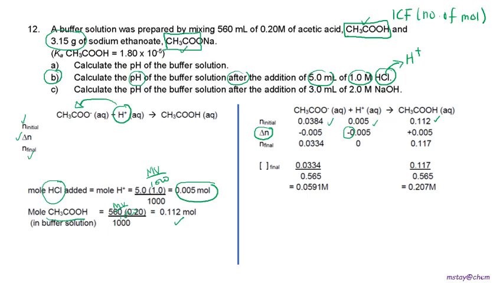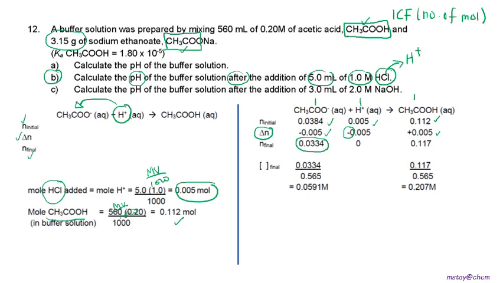Due to the ratio of 1:1:1, the number of mole of CH3COO negative will also reduce by 0.005, and the number of mole of CH3COOH will increase by 0.005. Then we do some mathematics. Finally, the number of mole of CH3COOH remaining is 0.0334.